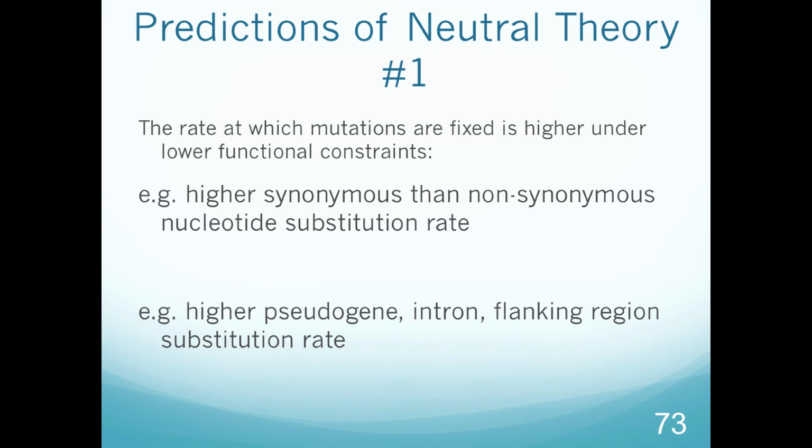So we'd expect to see a higher substitution rate in synonymous changes and in areas that don't code for any genetic product, such as in introns and flanking regions.